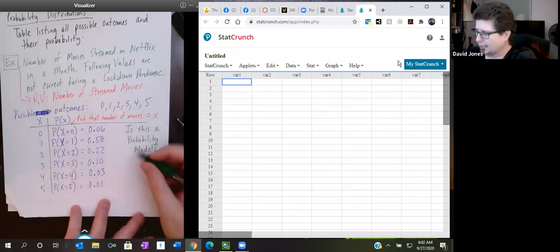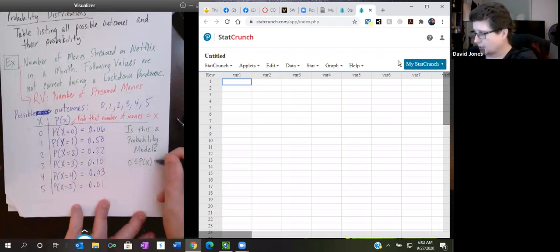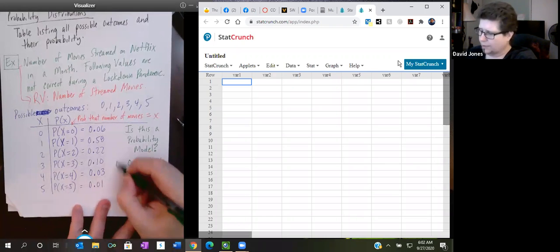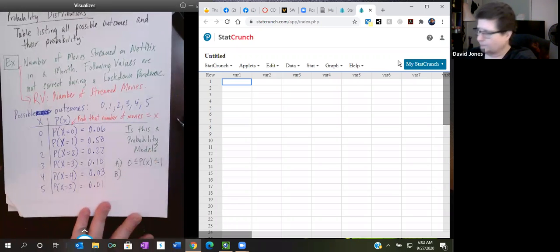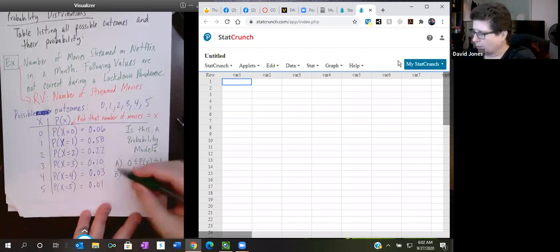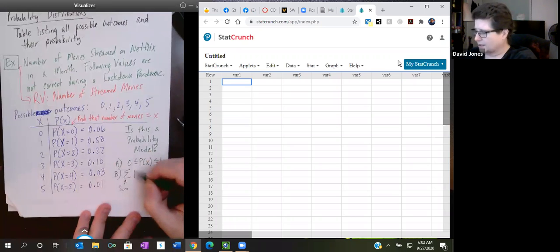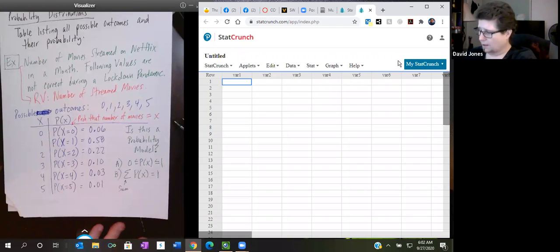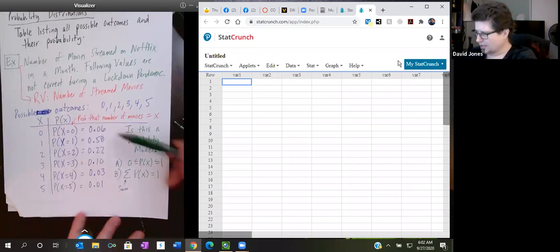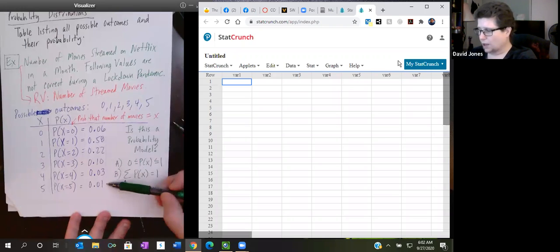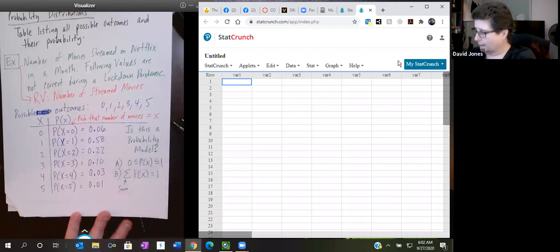Each probability has to be between 0 and 1. That's one requirement. No negative values, no values greater than 1. And the second requirement is that the sum of probabilities, this means sum, sigma is sum, the sum of the probabilities has to equal 1. Well, these values all are less than 1 and greater than 0. So part A is met.